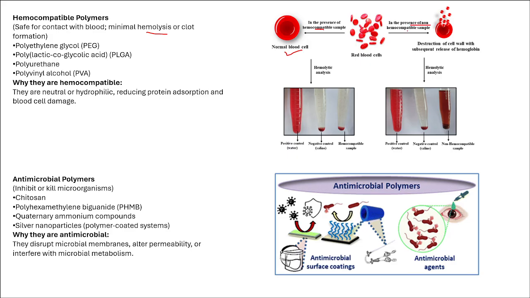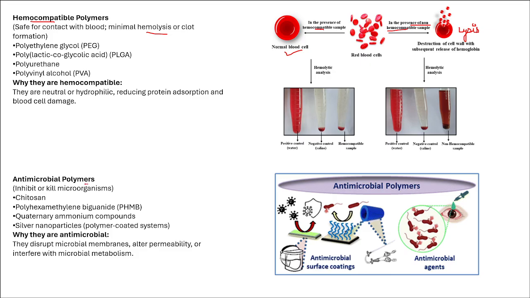But if your nanoparticles are toxic or not hemocompatible, they would cause lysis of your red blood cells. There would be hemolysis. So if your nanomaterials are to be used for human applications, you have to ensure they are hemocompatible and do not cause red blood cell lysis.